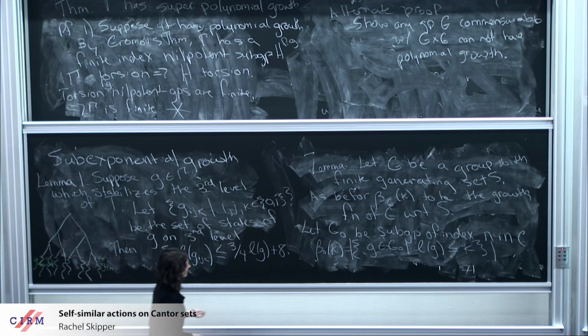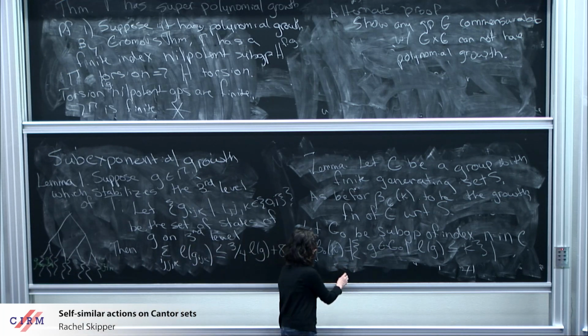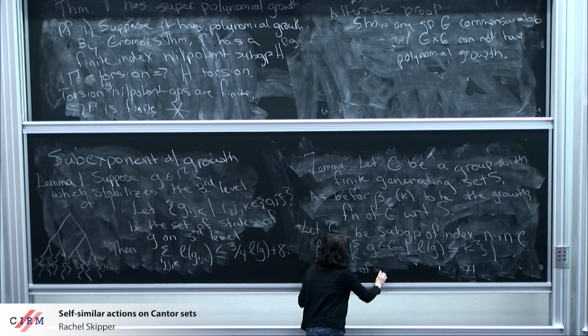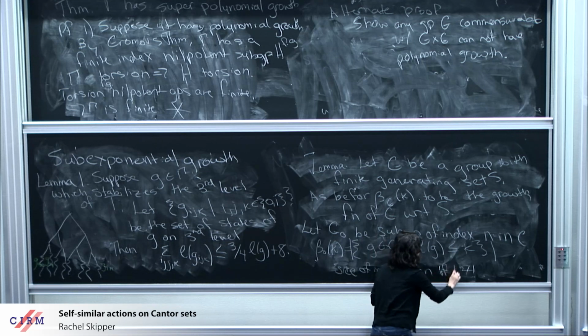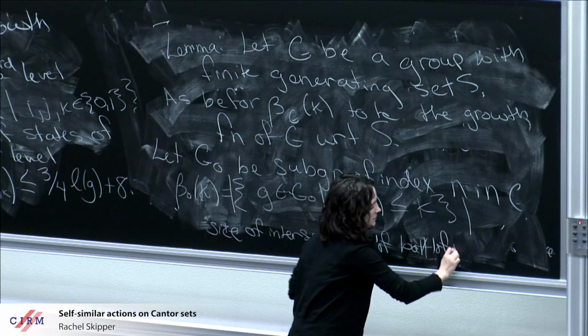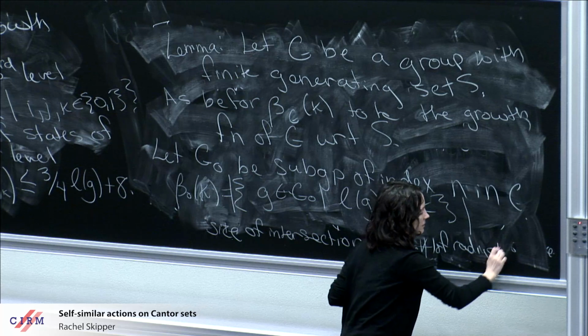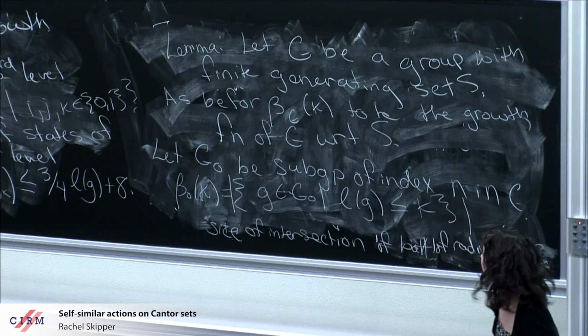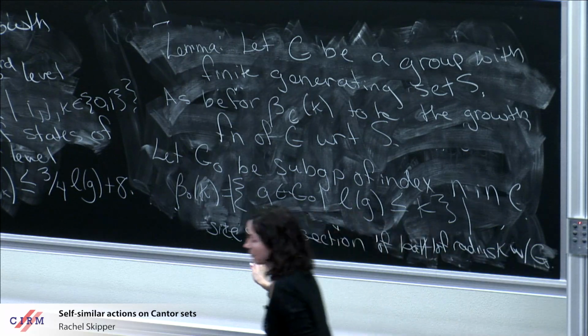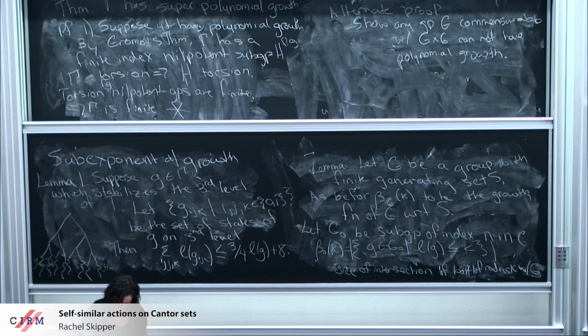So we're taking the size of the intersection of the ball of radius k with this finite index subgroup G_0. All right, and now we're going to bound β using β_0.